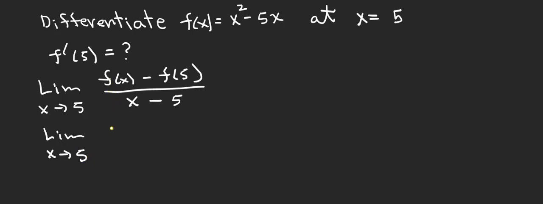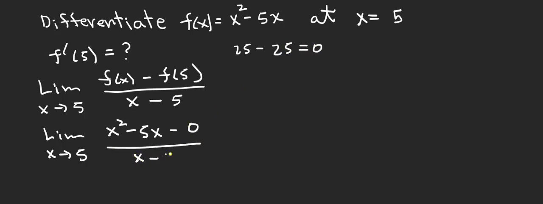What is our f of x? X squared minus 5x. Minus, what is f of 5? F of 5 is going to be 25 minus 25, which is going to be 0. So it's going to be 0 over x minus 5.